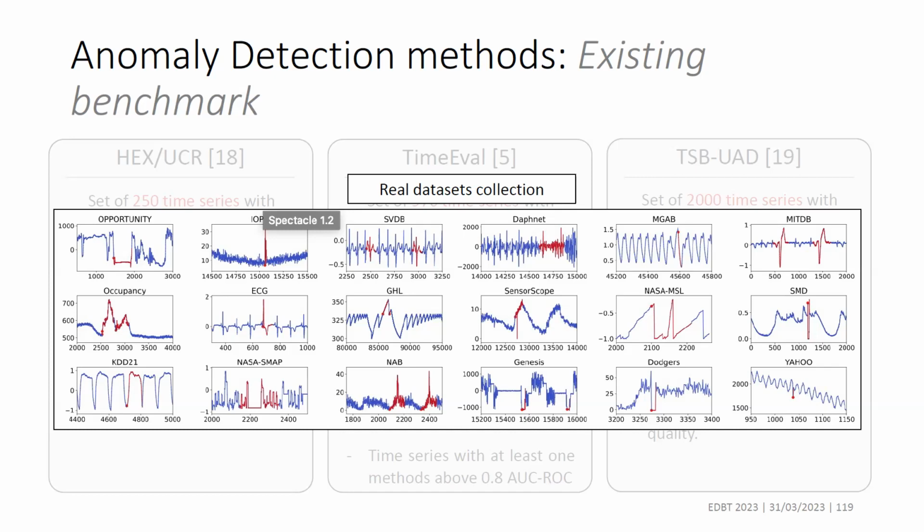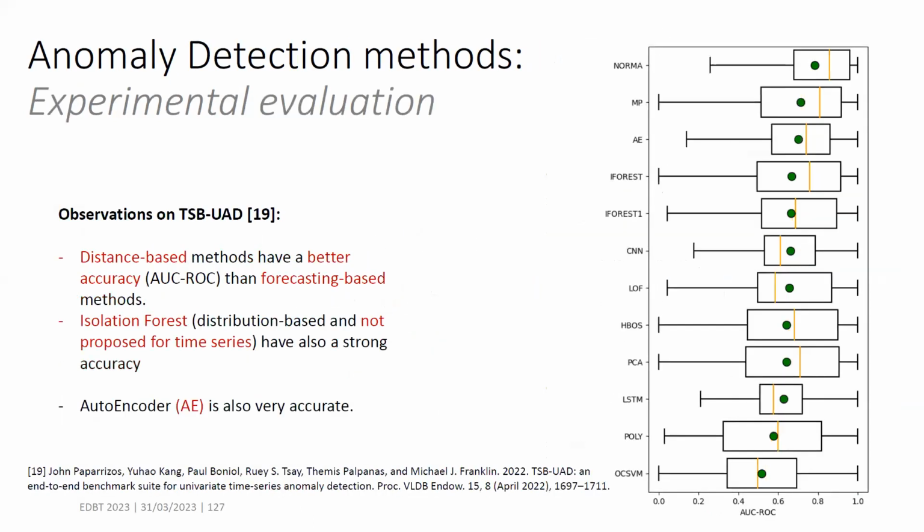So I agree, distance-based approaches are, and actually I can affirm it, NormA for instance is working very well on periodic and cyclic time series. In this specific case, I don't want to say any wrong numbers, but I think a good 20% of this benchmark contains periodic time series. So 20% is maybe over-representing the reality. Maybe it's too much compared to what we have in the use cases.